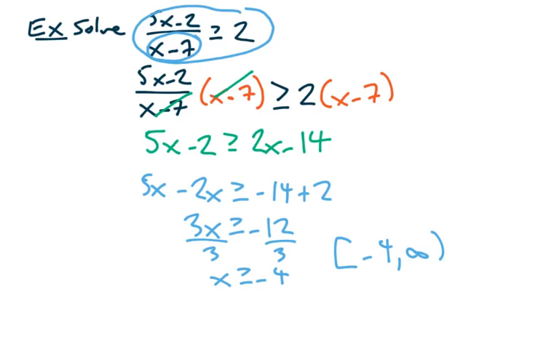So the problem is this lovely looking thing that I did right here, where I multiplied both sides by x minus 7, is a big problem because I don't know if I'm multiplying by a positive number or a negative number, and therefore I don't know whether I should take this inequality and leave it the way it is or switch it around.